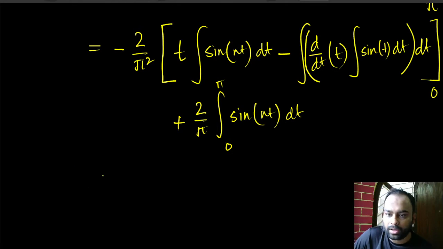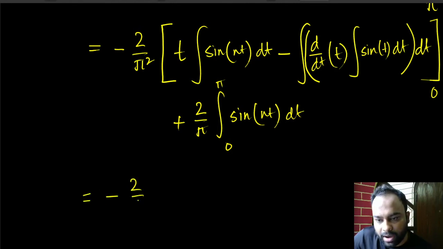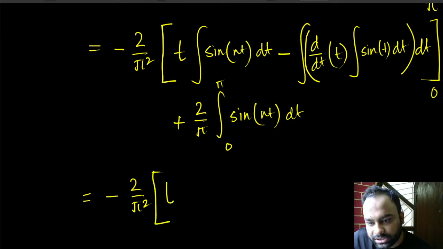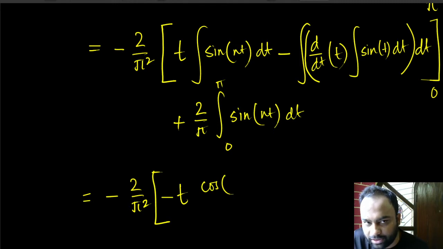So we have minus 2 by pi square, and we have this integration, which is t, and look carefully, then we have cos. We have a minus sign, of course that integration is minus cos nt by n.